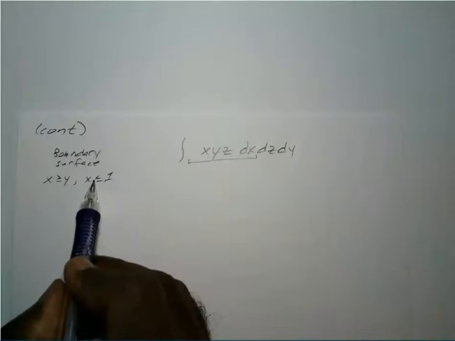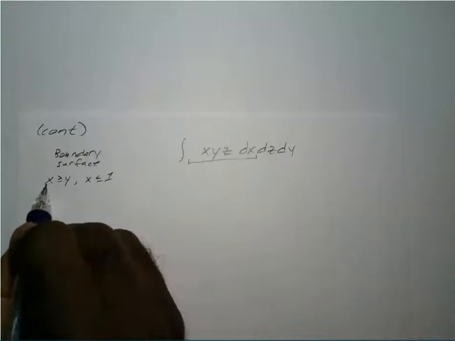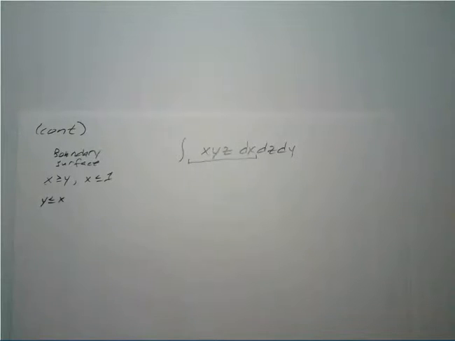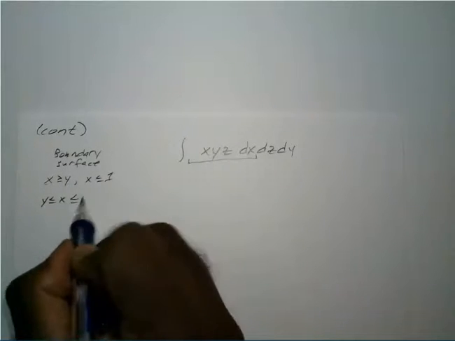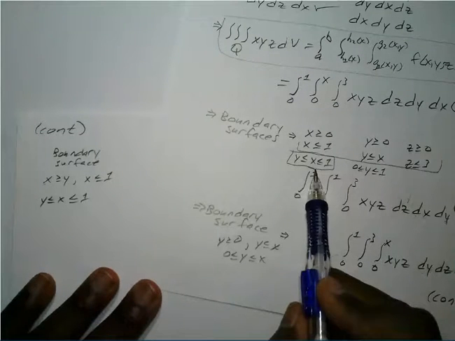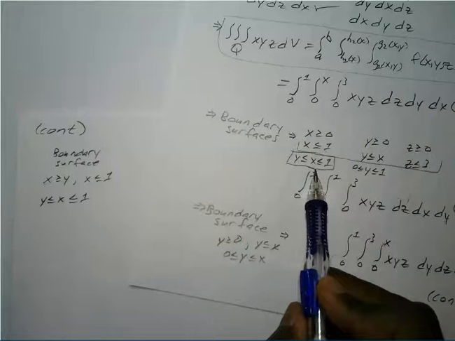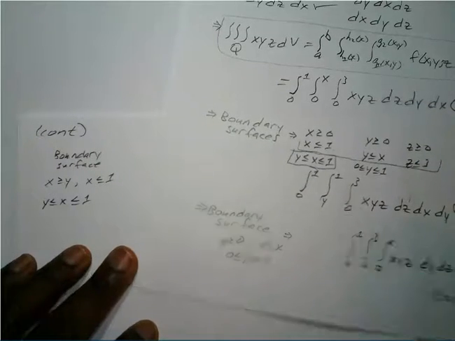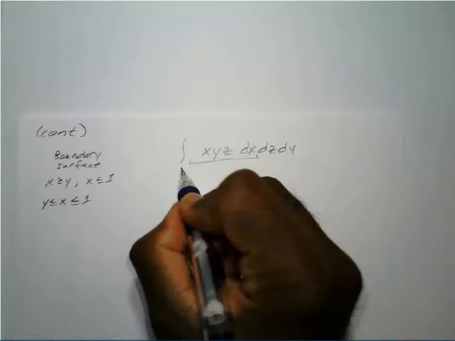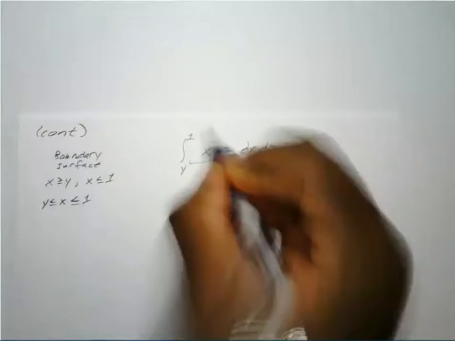So that means that y is less than or equal to x, and x is less than or equal to 1. We can just go ahead and move that just like that, which we already had here. So a lot of these we're going to be able to reuse. So for our x, we're going to go from y to 1.